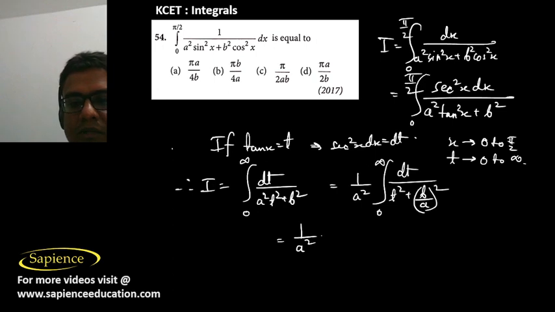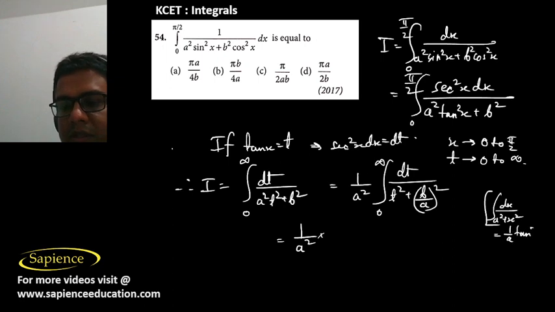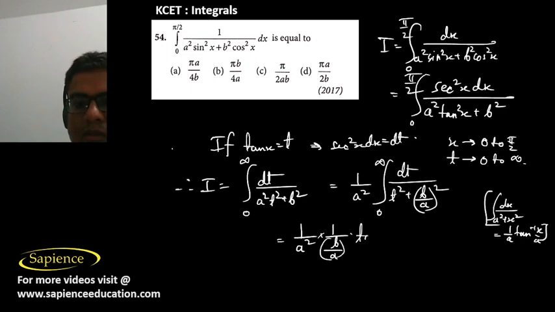One by a square into, so we know that integral dx by a square plus x square is given as 1 by a tan inverse x by a. This will be also 1 by b by a tan inverse t by b by a, that will go from 0 to infinity.